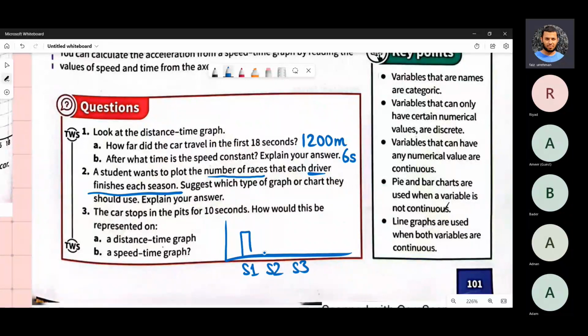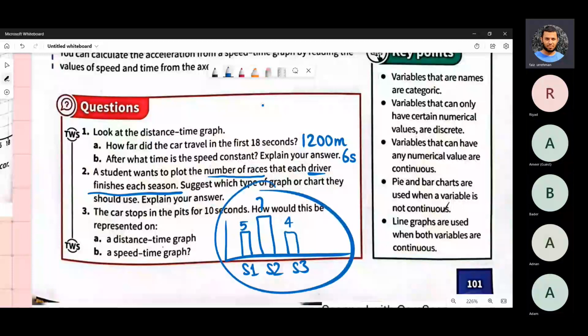He can show that in season 1 he took 5 races, in the next season 7 races, in the next 4. I mean, how can he take 4.2 races? So I think a bar chart is enough for this one.